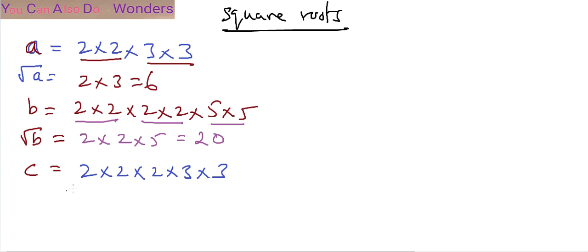So in that case, c is not a square number, isn't it? Because the square root of c is what? 2 into 3, and one 2 is left alone without any pair. So this into root 2. So this is 6 root 2.